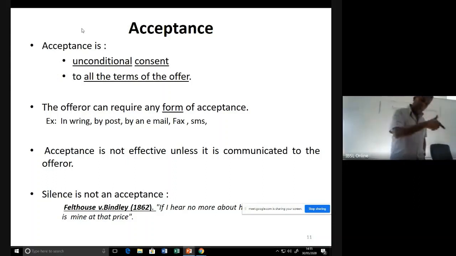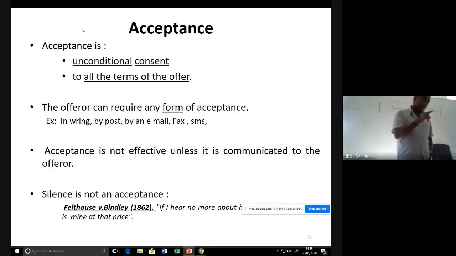Is it a valid acceptance as per the definition? It is not an acceptance. It is not an unconditional consent. He has given his consent with a condition: if you do this, I accept. That is not a valid legal acceptance.